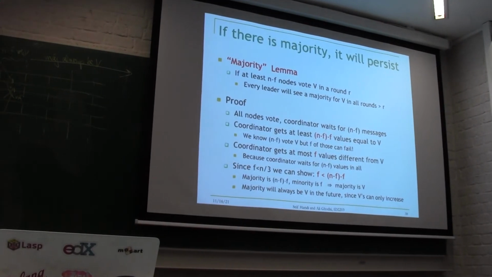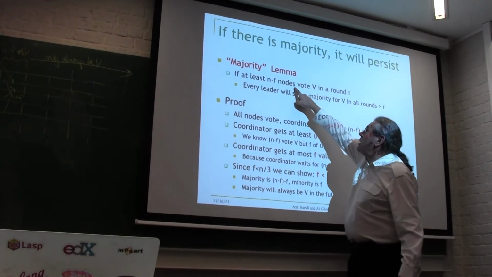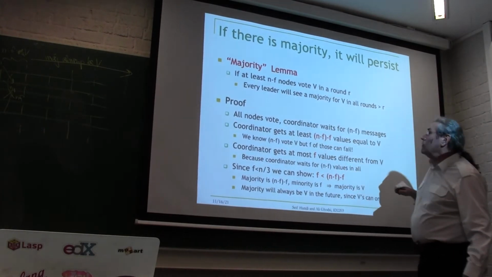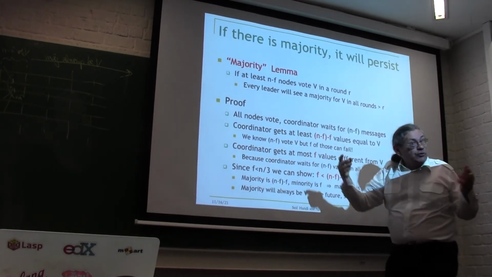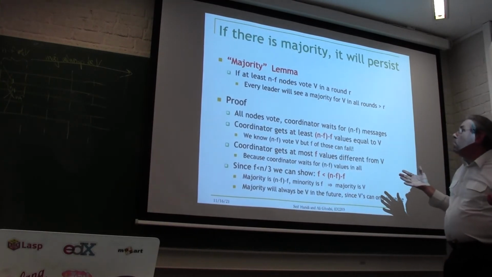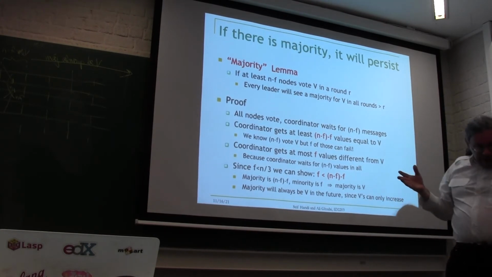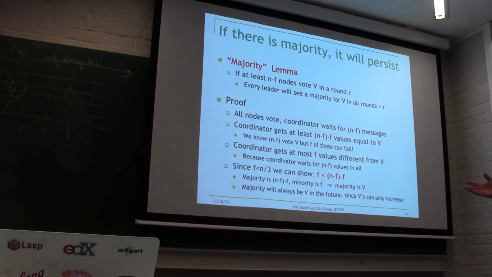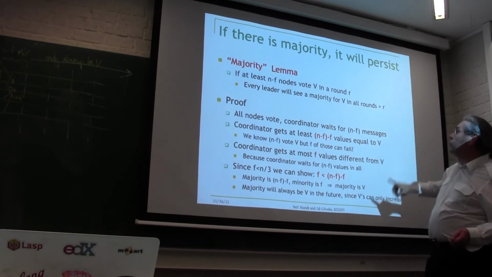Now, we know this: at least n minus f nodes vote v. But how many of those n minus f will reach the coordinator? Maybe not all. They might vote v and then crash right after that. But you have f failures.